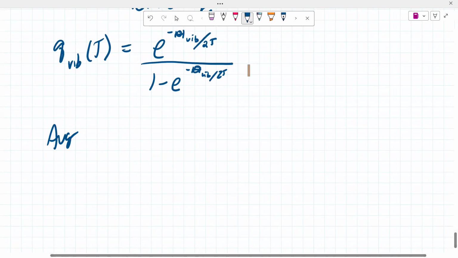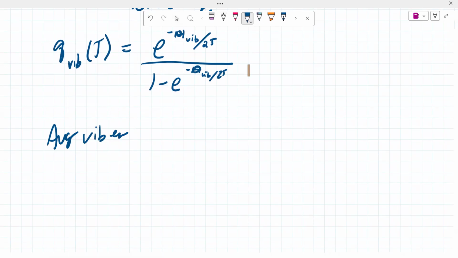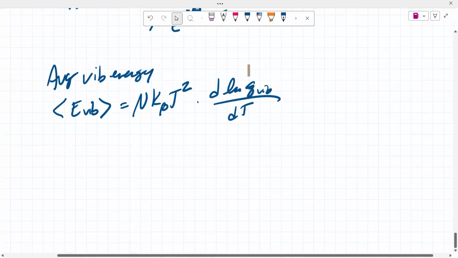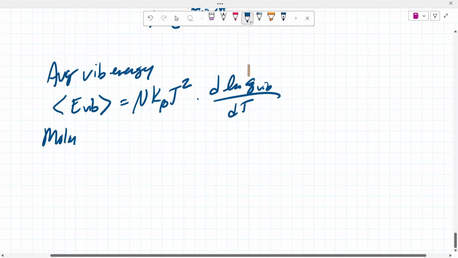Average vibrational energy: the angle brackets mean average, and it's kBT squared times d ln q vib over dT. We can also compute the molar heat capacity.